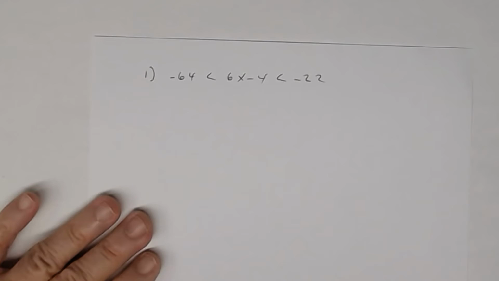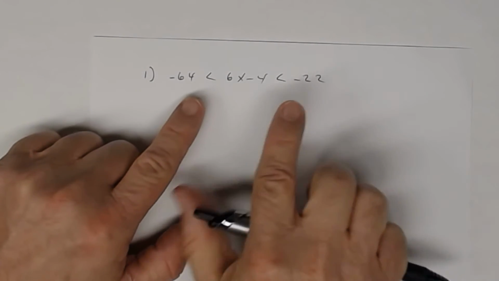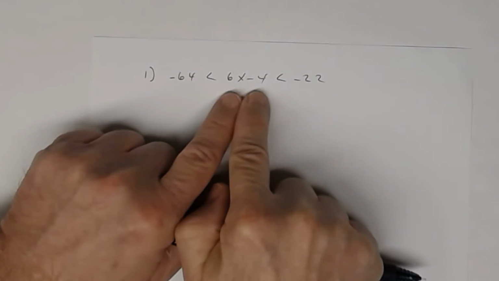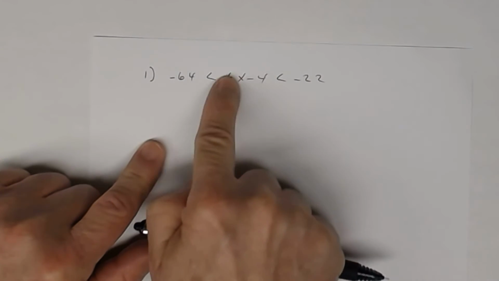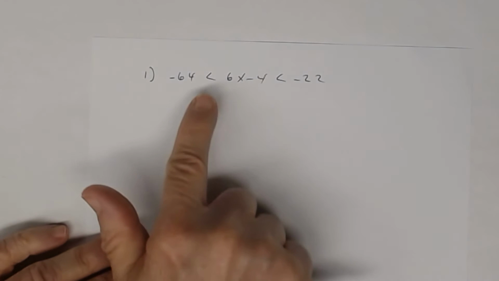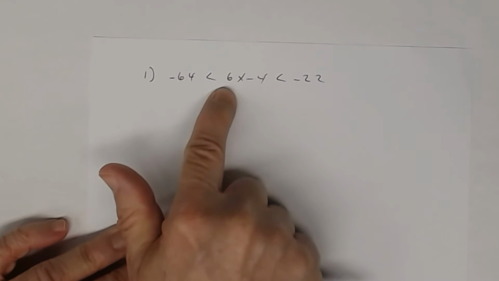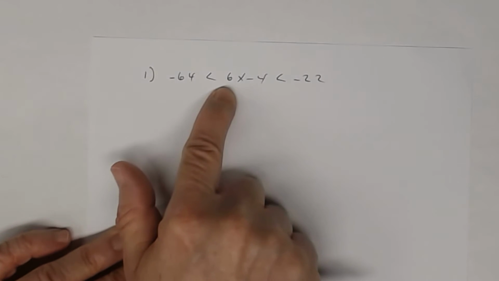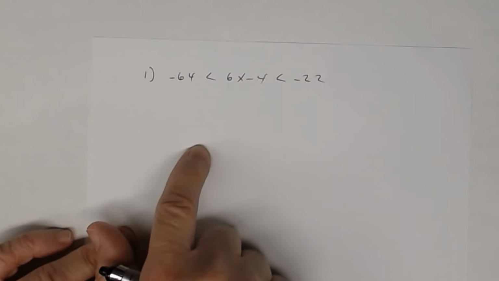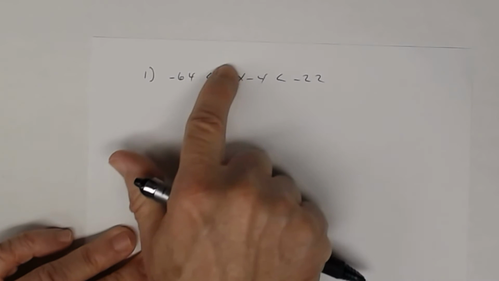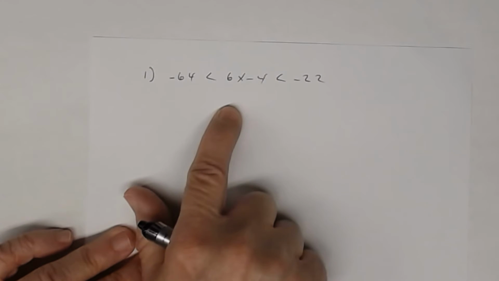Okay, so in the second approach, now listen carefully, do you see that when you look at those three parts here, the variable only appears in the middle. So since the variable only appears in the middle part, it is very easy to find the solution to the original by getting the variable by itself in the middle.